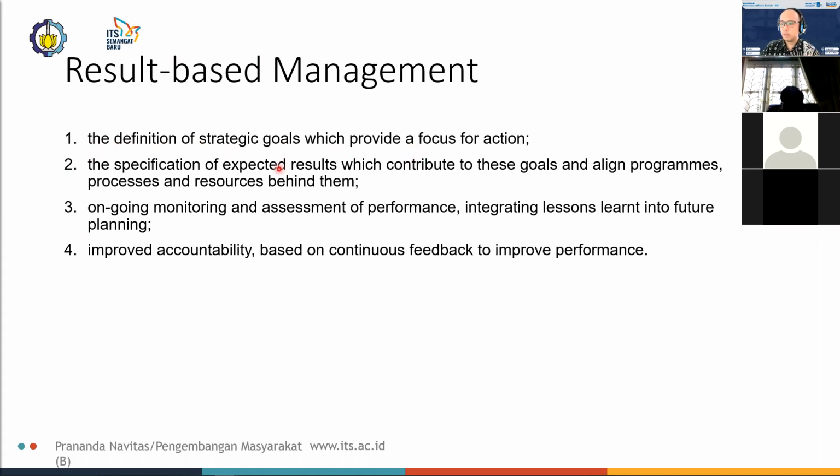And then the second pillar is the specification of expected results, which contribute to these goals and align programs, processes, and resources behind them. The second pillar depends on the scope and scale of the project that you're bringing to the community.